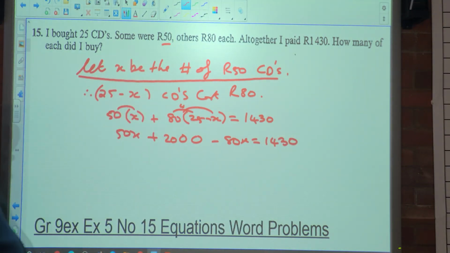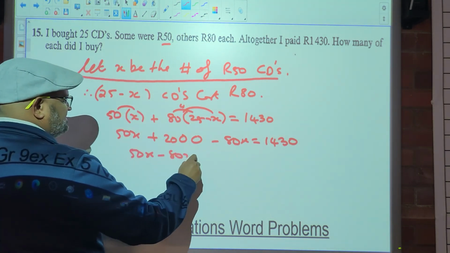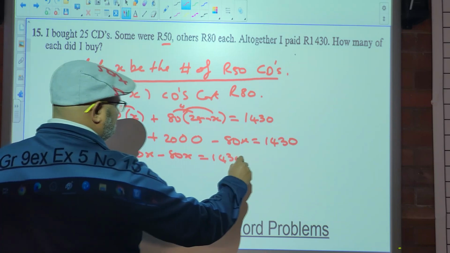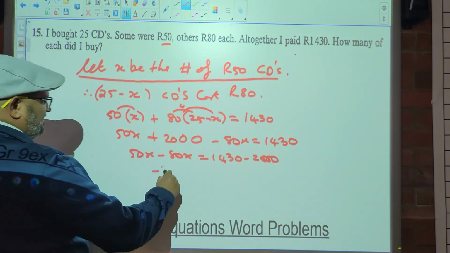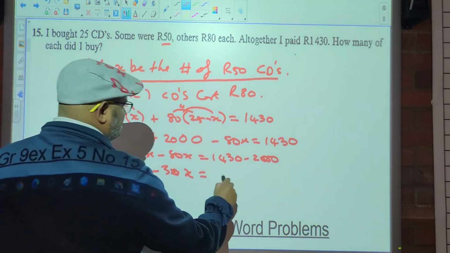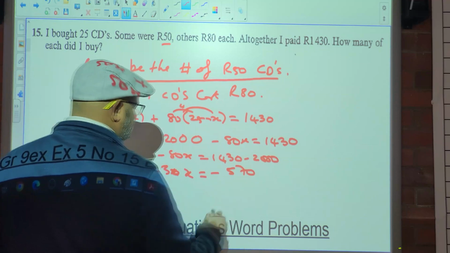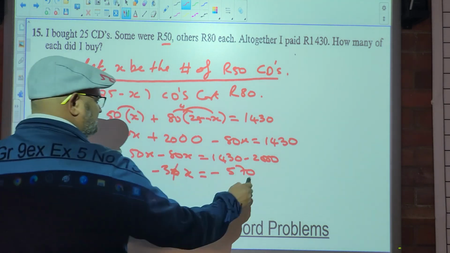Okay? So I got 50x minus 80x is equal to 1,430 minus 2,000. So it's going to give you negative 30x is equal to negative 570. Yeah, I made a mistake somewhere. 57, so that cancels.